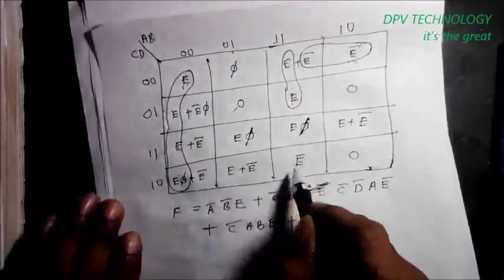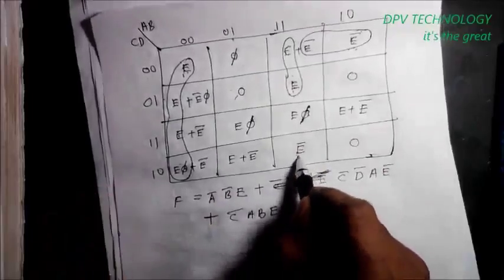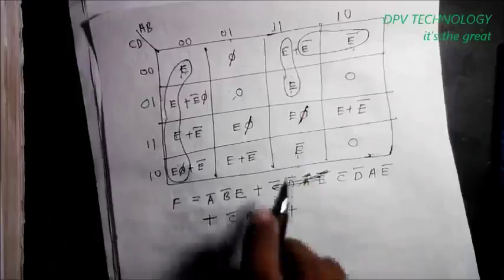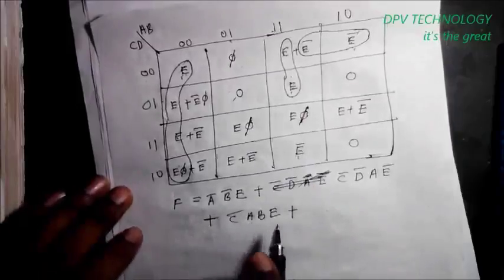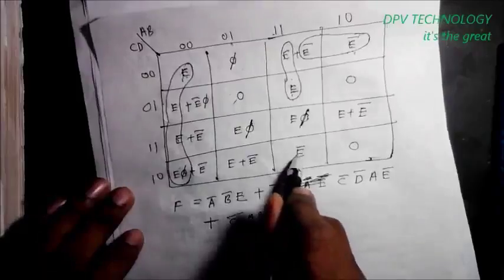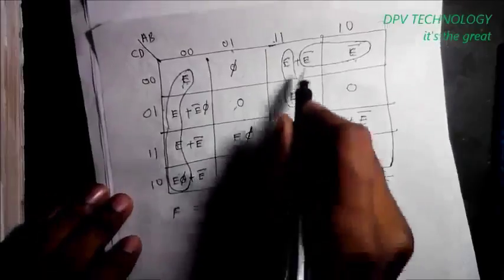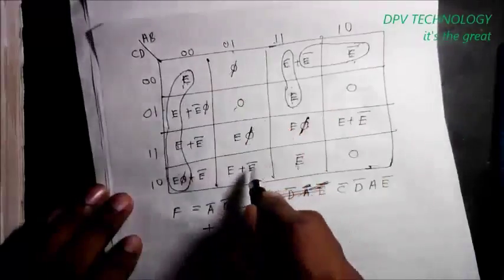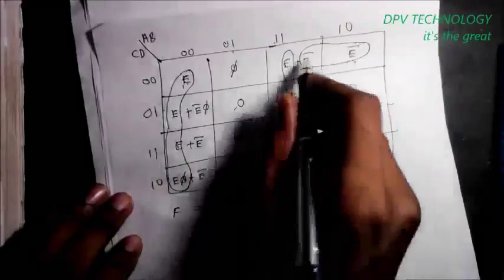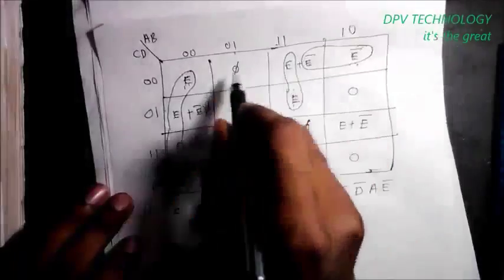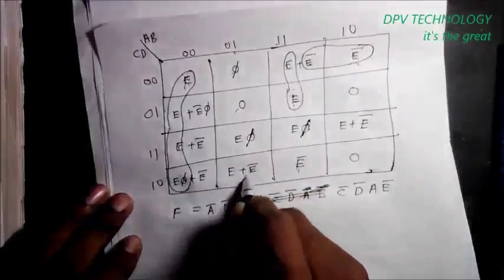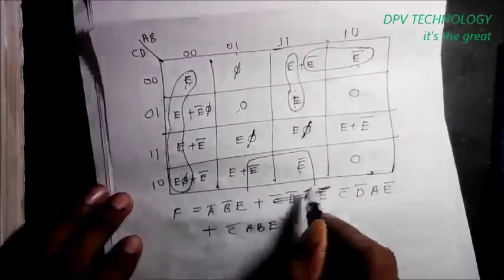Here we have to cover this thing. How to cover this variable? You can see that we can cover E bar, E bar, E bar and don't care with 4 variables, it will be efficient. We can cover also like this, but we have E bar here also, so make as large a group as you can.